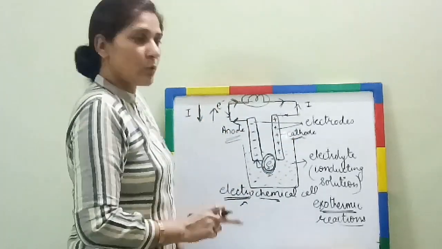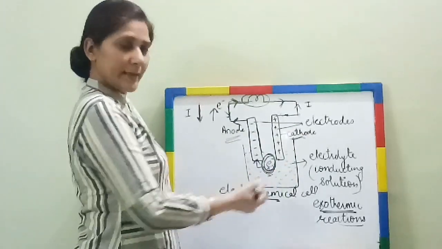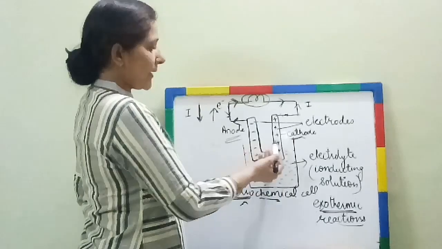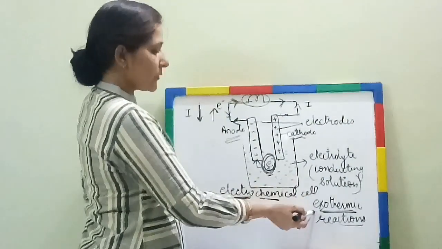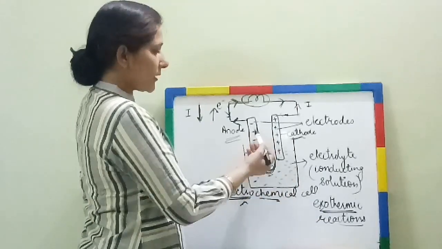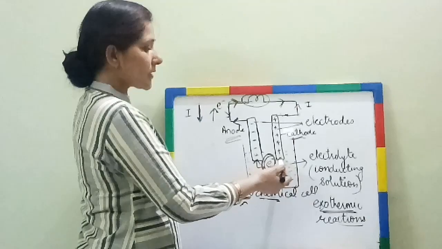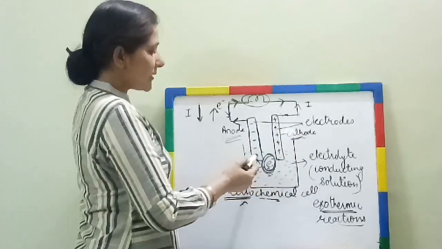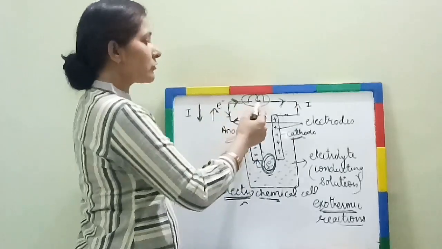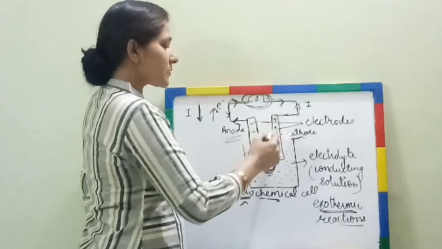Quickly I am going to recapitulate it. This is a beaker, in this electrolyte is present, that is the conducting solution. Two electrodes are present over here. When reactions start, exothermic reactions take place, and due to that negative charge starts depositing, and this is known as the anode. Positive charge starts depositing on the other side, that is known as the cathode. Now the negative charge starts flowing through the circuit, spends its energy in the electrical component, and comes back to the cell.